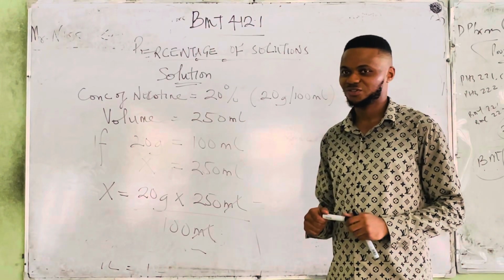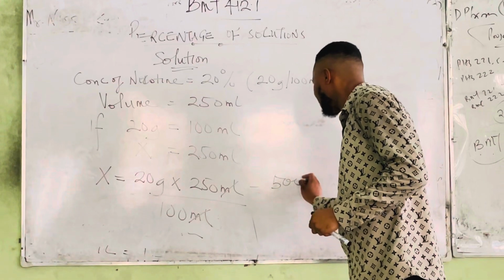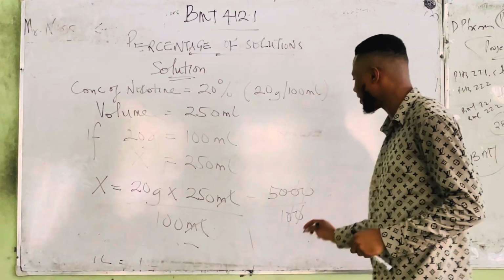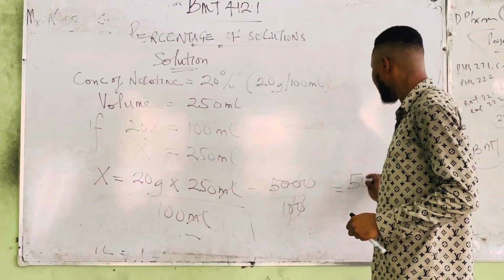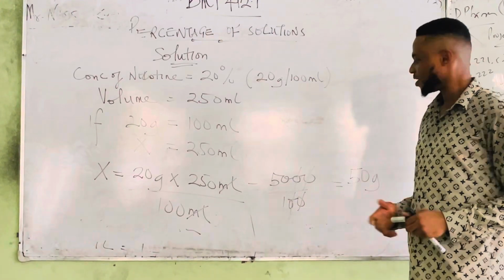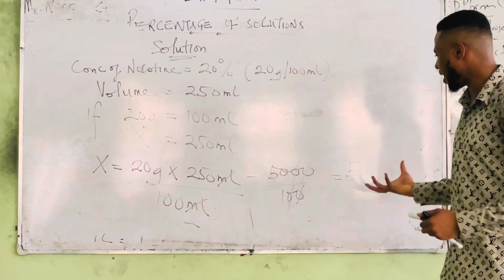Yes, 5,000. So 5,000 divided by 100, we'll be left with 50 grams. So we will now go to where nicotine is plenty and we weigh out 50 grams.